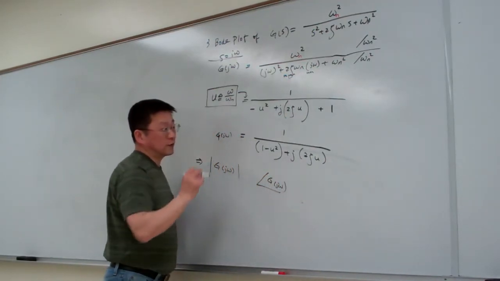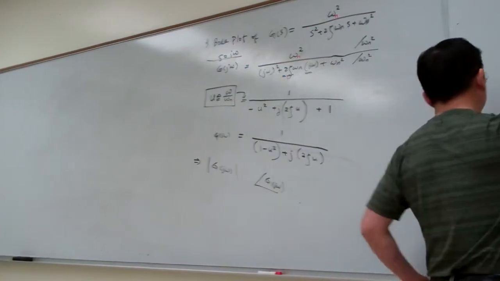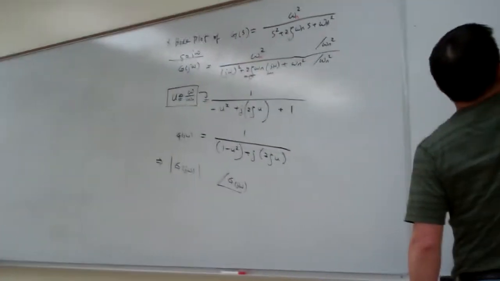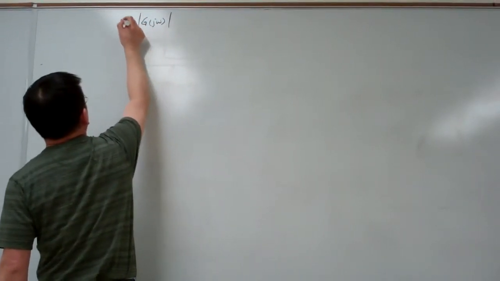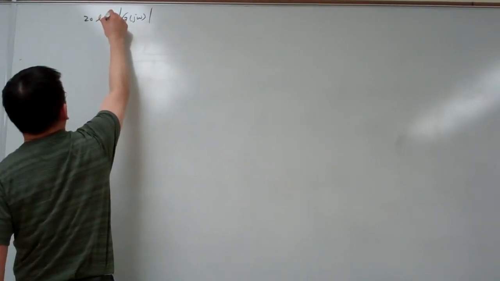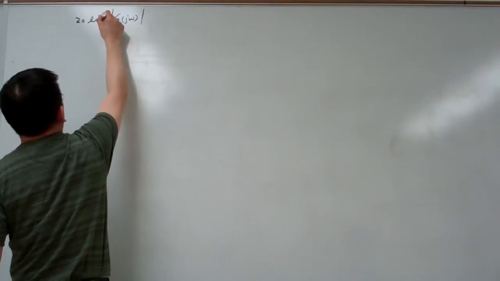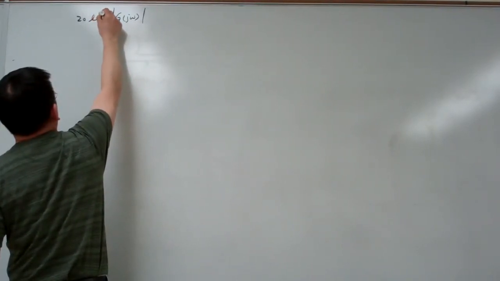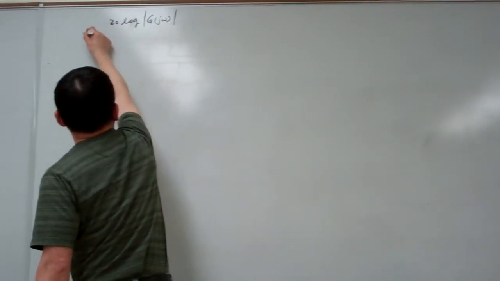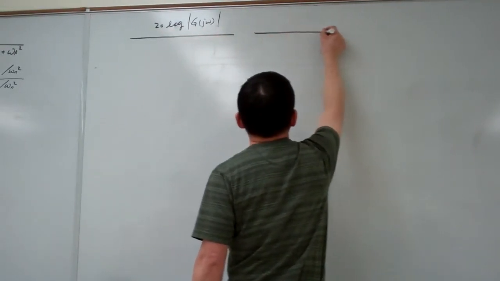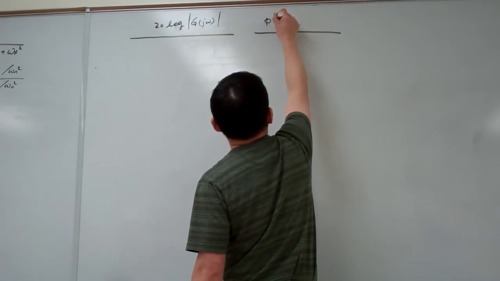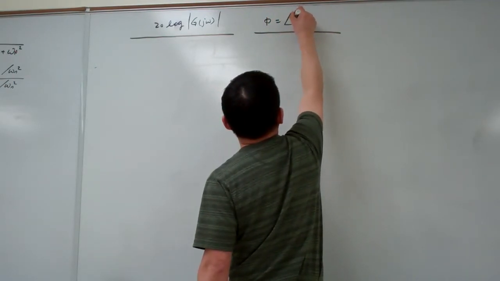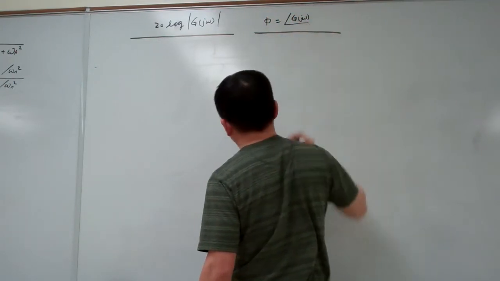So let me move to there. We're going to calculate G(j omega), the magnitude, and then take the decimal log. That is about the magnitude. And then the phase angle equals the angle of G(j omega).